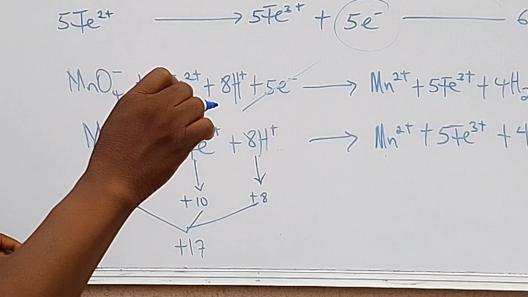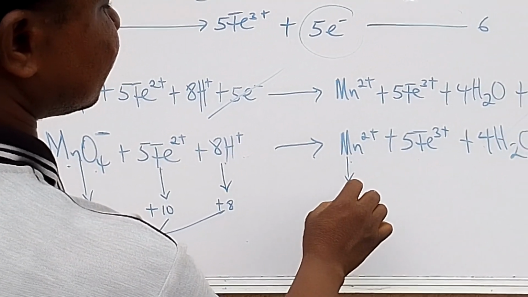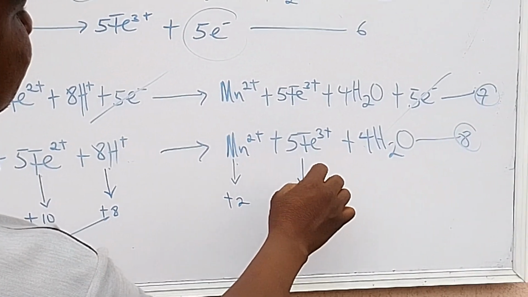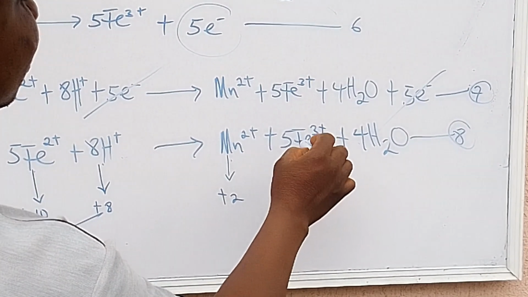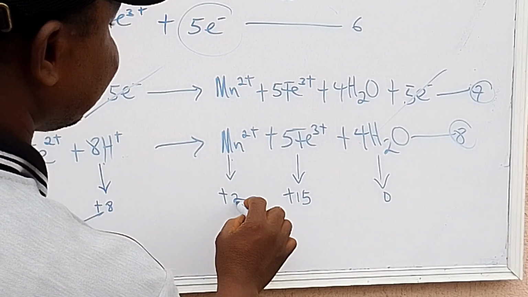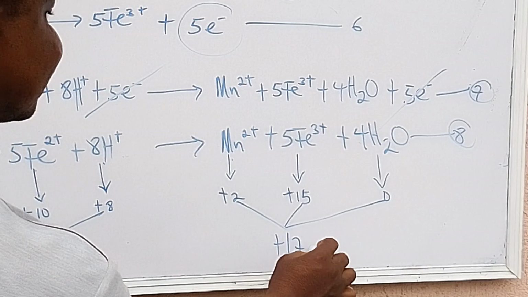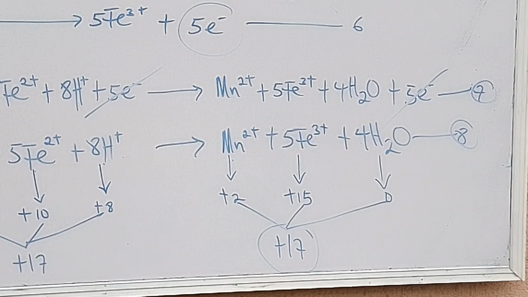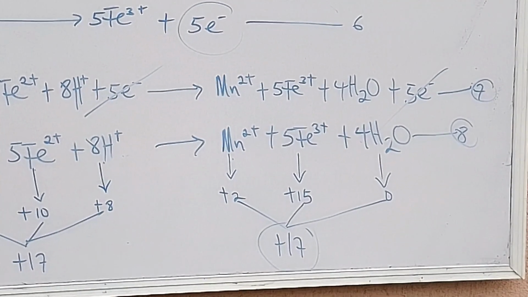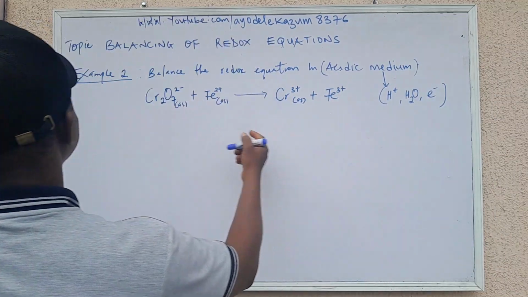So we need to get +17 at the product. Let's check that. +2, 3 times 5 is +15, and no charge on the water. Everything gives us +17. Wow, the equation is balanced. Congratulations. Did you follow that? We are done with example 1.